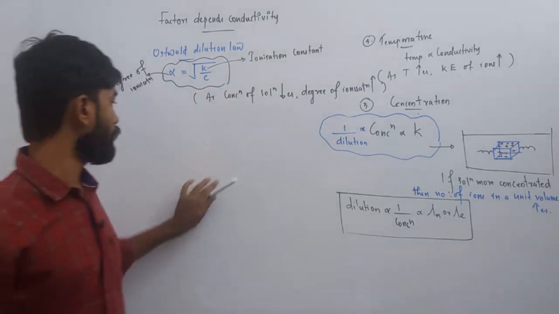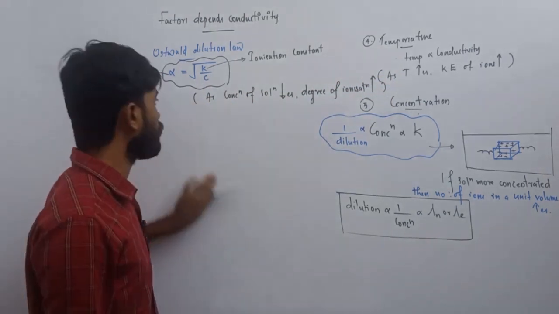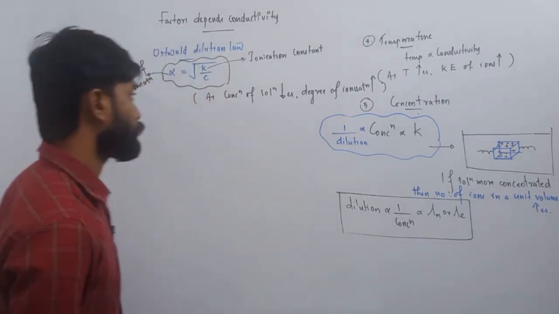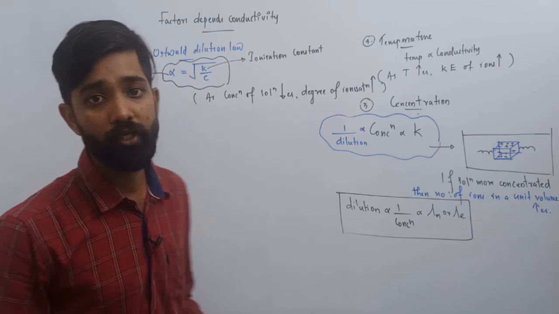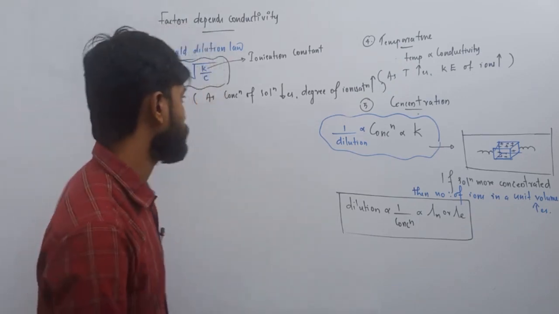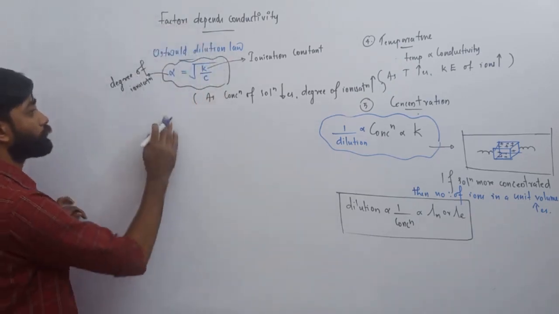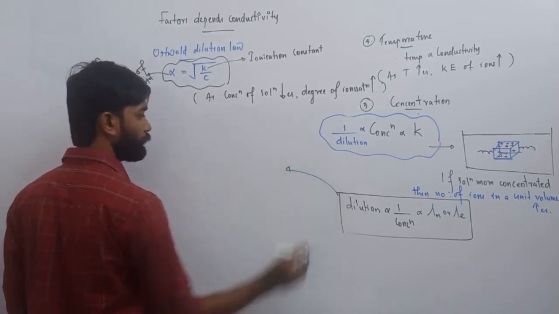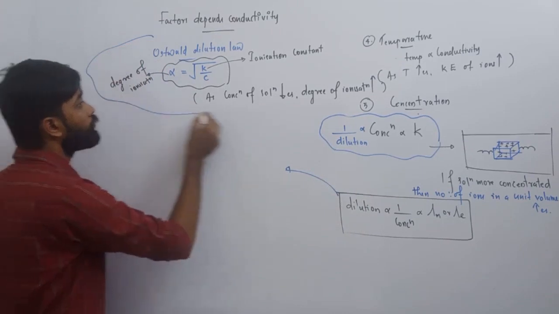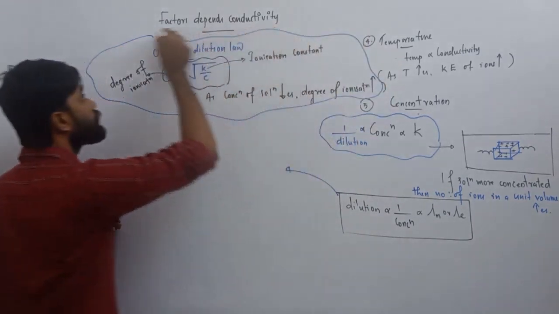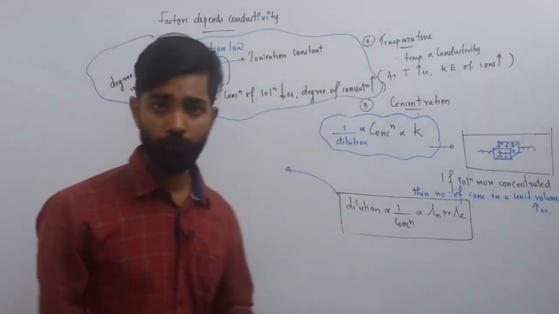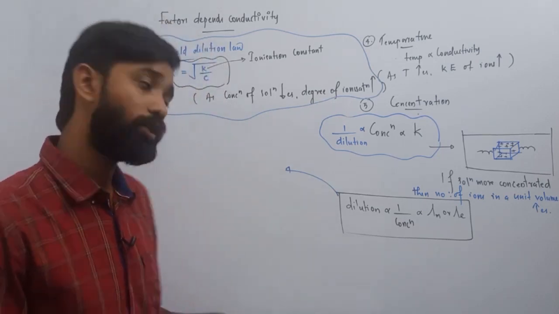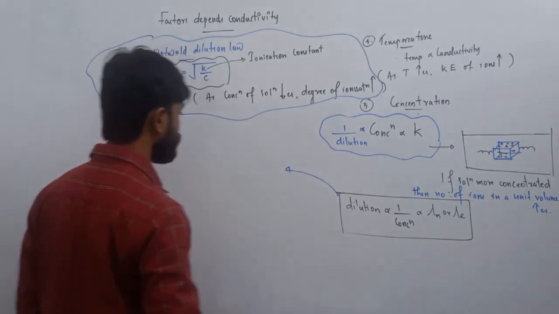That is the Ostwald dilution law. Let me explain this one. This you have to know, because this is a knowledge-based one. As concentration increases, degree of ionization decreases, or as concentration decreases, degree of ionization increases.